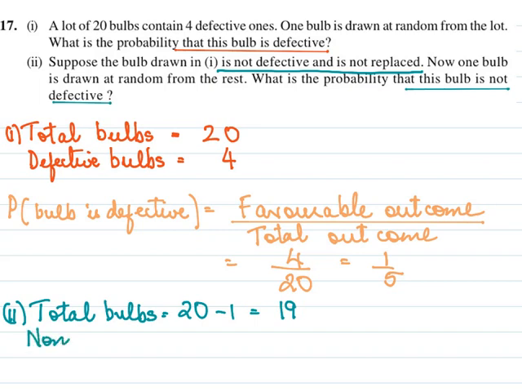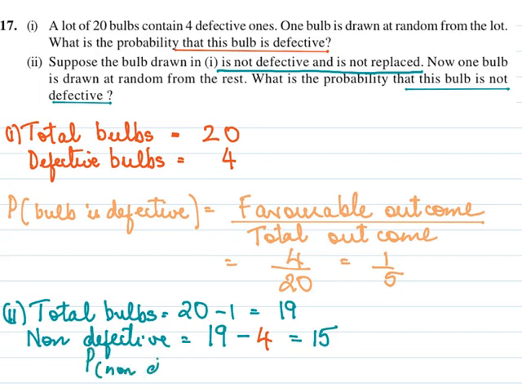So non-defective bulbs will be, now we just have 19 bulbs because one has been removed and not replaced. Minus 4. 4 bulbs are defective. So the non-defective bulbs are now 19 minus 4, and which is 15.